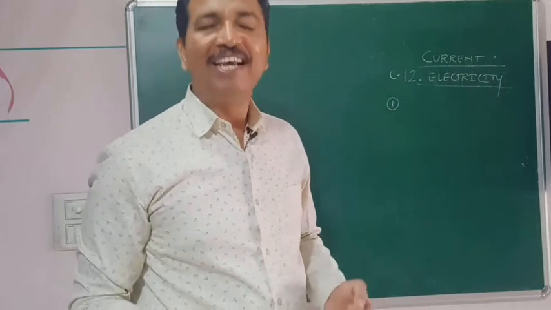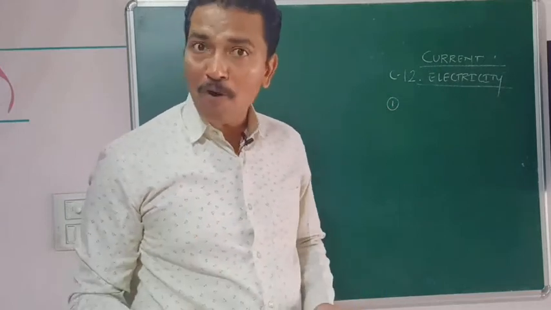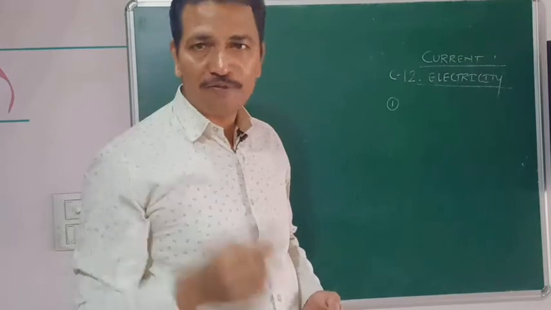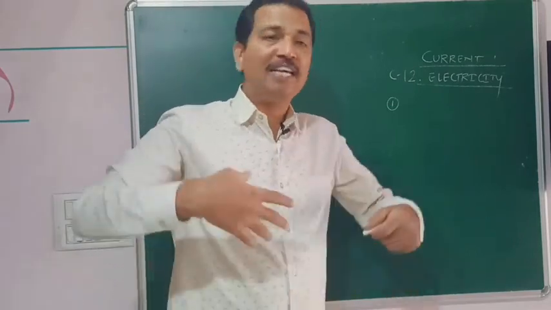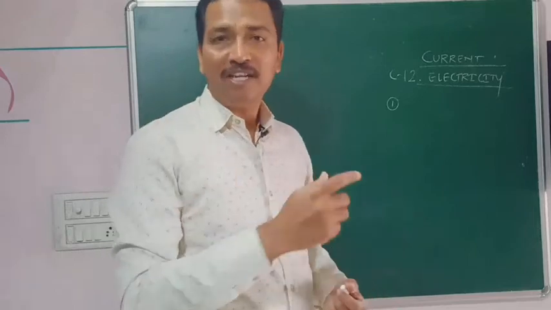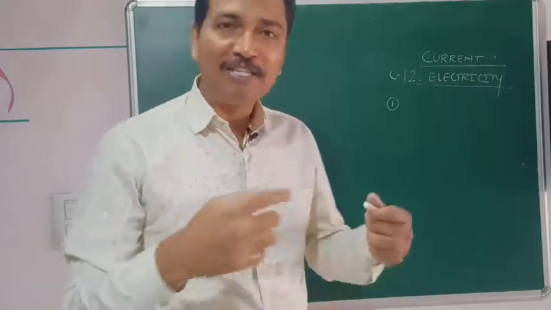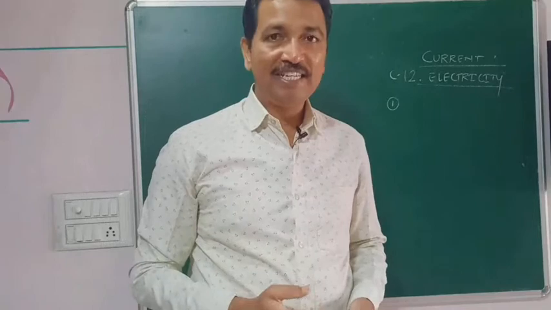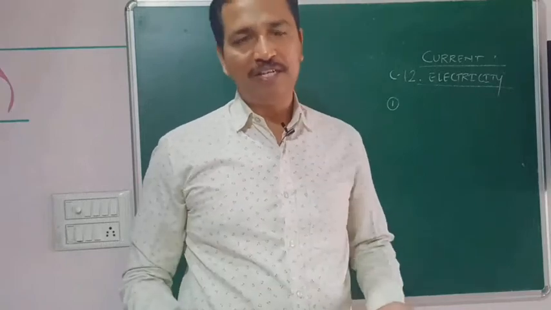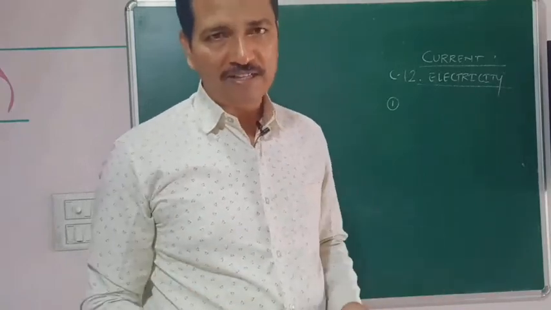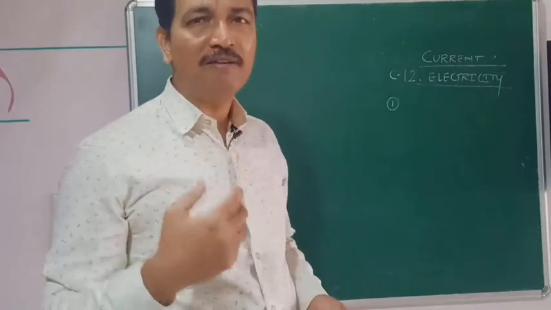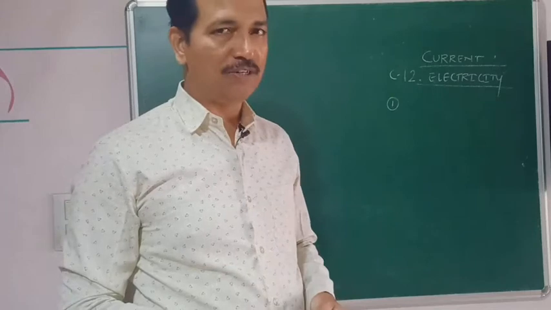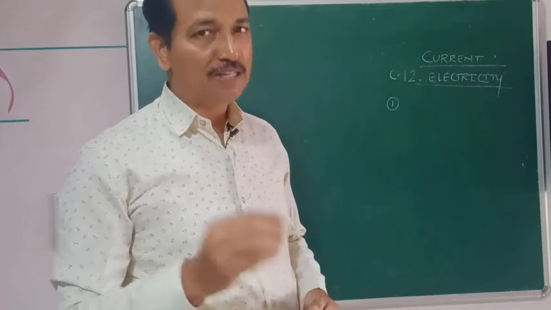So children, electricity is a form of energy which has facilitated our life. You all know the fan, it gets heated up at home, so we switch on the fan. If it is dark, we switch on the light. ACs, refrigerators, and so many devices all work on electricity. So we all can come to a conclusion that electricity is a form of energy.